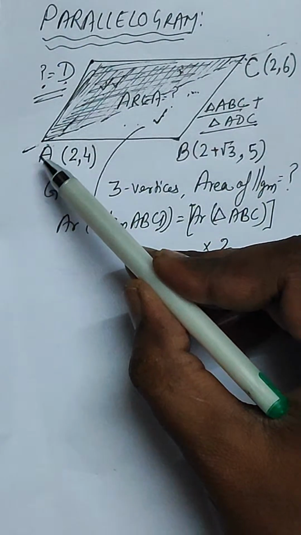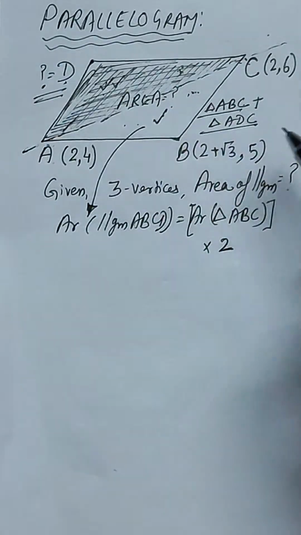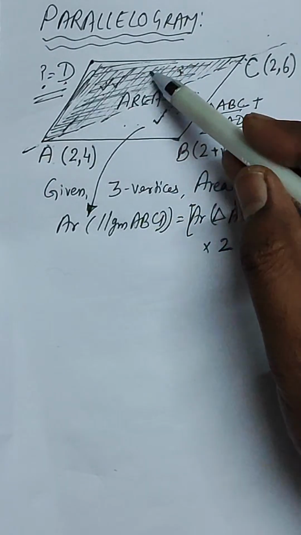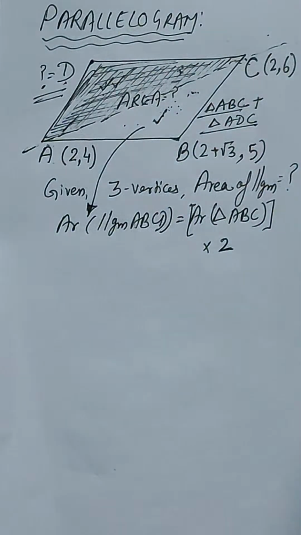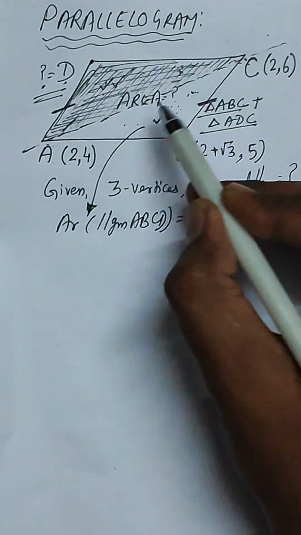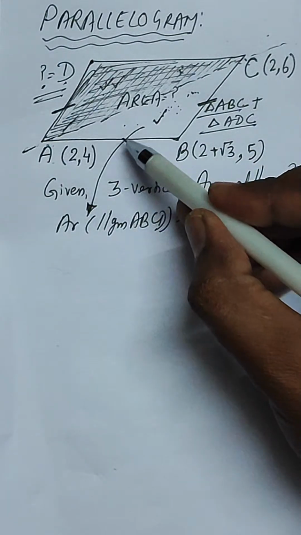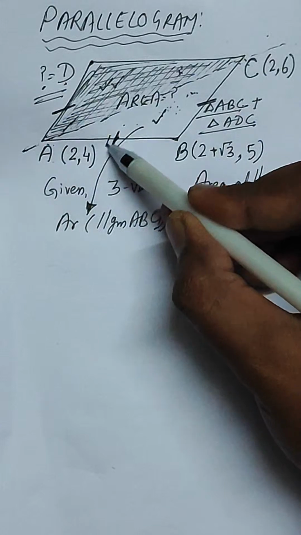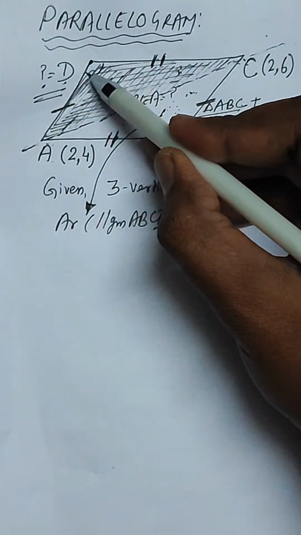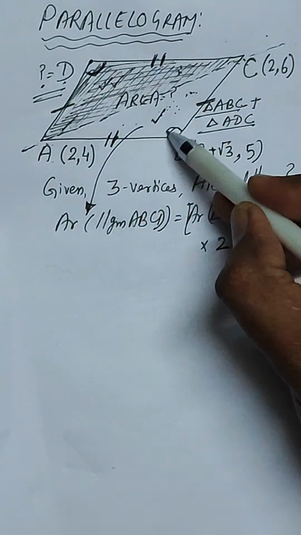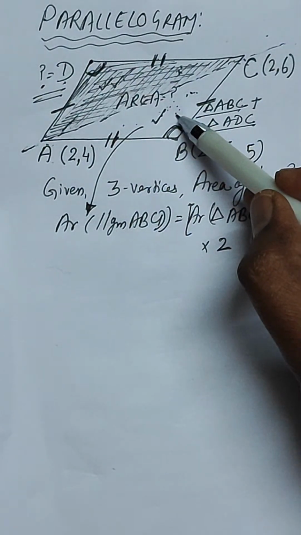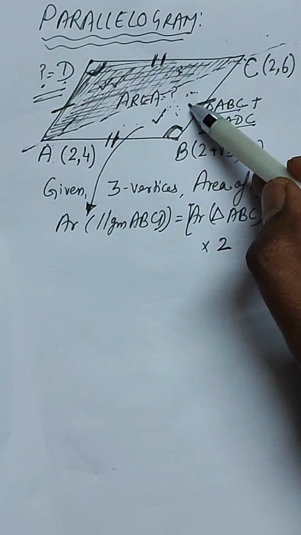Because we know the property that any diagonal of a parallelogram divides the parallelogram into two triangles of equal area. If you prove the congruency also, you can see AD is equal to BC because opposite sides are parallel and equal. We can also prove that AB is equal to CD, and this angle will be equal to this one. So we prove the congruency of the shaded triangle and the white triangle, and that's why the areas of the two triangles will be equal.